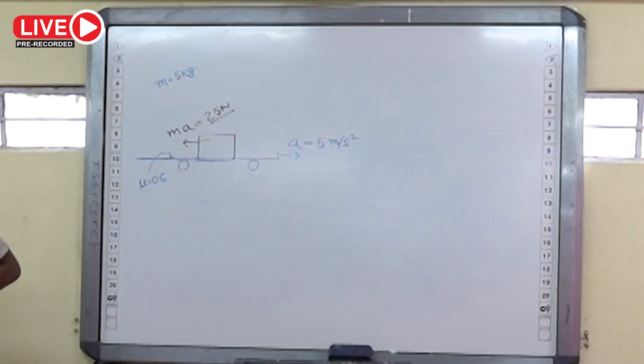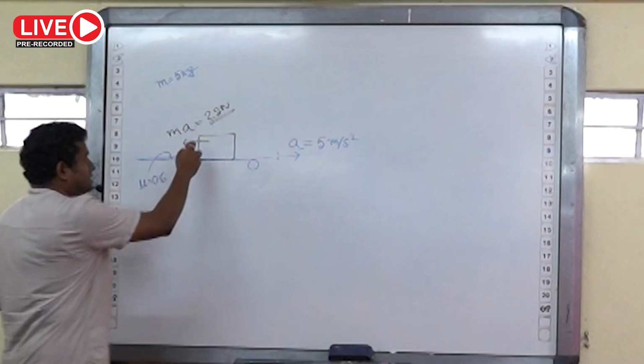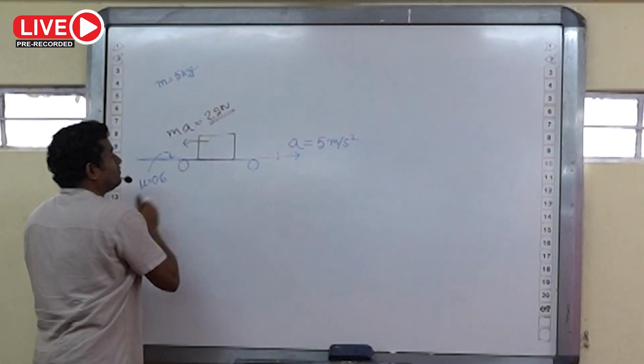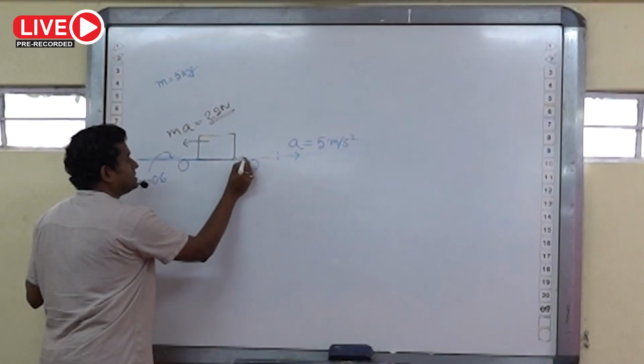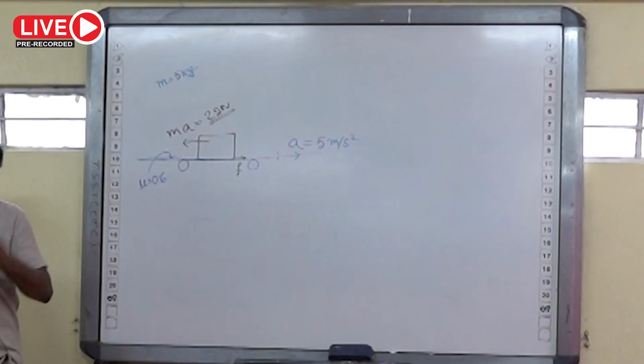Okay. Then in which direction will the friction force act? In the front direction. Due to this force, this block has a tendency to move on this side, so friction will try to oppose this. But what is the friction force? Calculate the friction force.